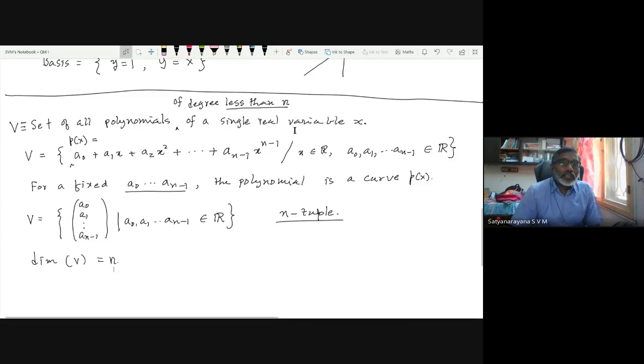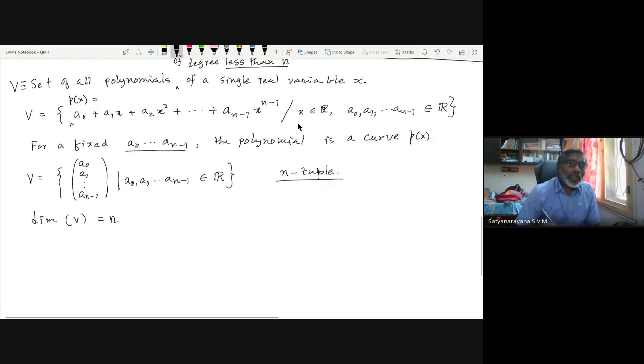Now I can make a generalization to this. Suppose I define V to be the set of all polynomials, of any order, of any degree for that matter.